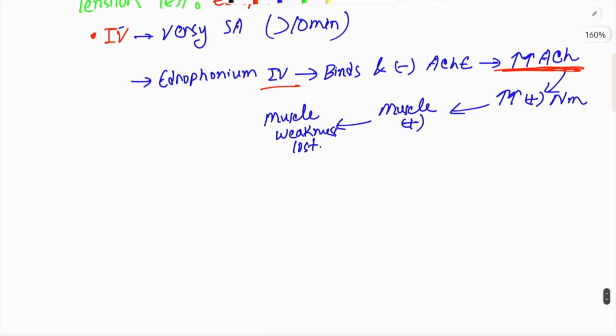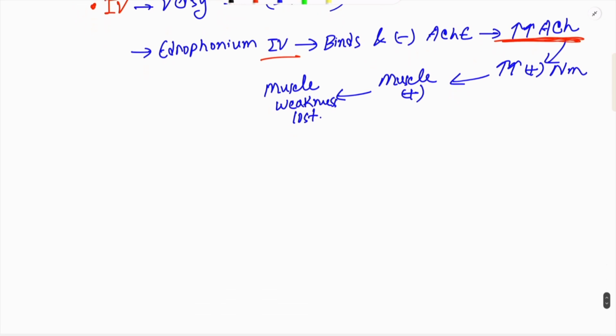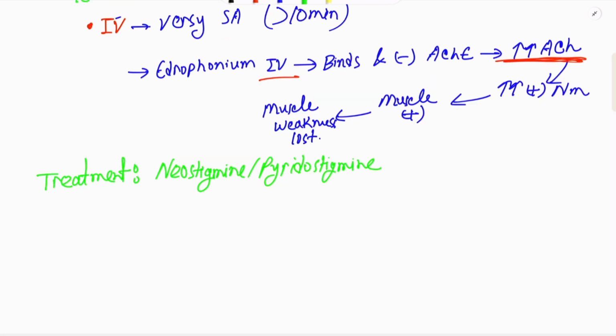Now, what about the treatment of myasthenia gravis? For the treatment of myasthenia gravis, neostigmine or pyridostigmine is given. We have previously discussed there are three reversible indirectly acting cholinergic drugs.